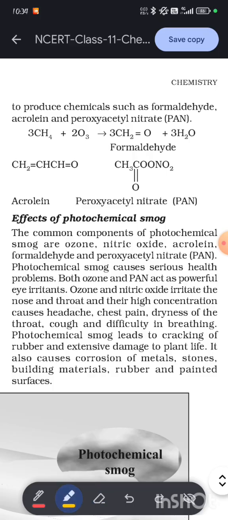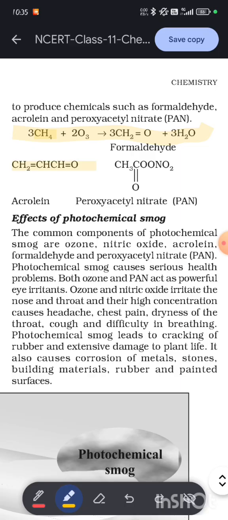Then the reaction is 3CH4 plus 2O3 gives 3CH2=O plus 3H2O. 3CH2=O is formaldehyde.